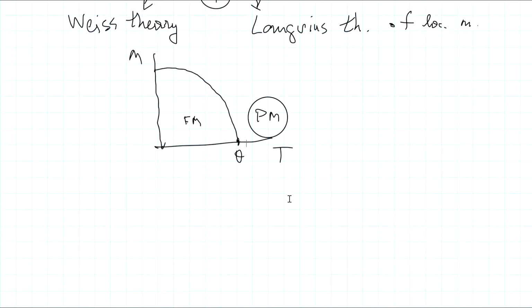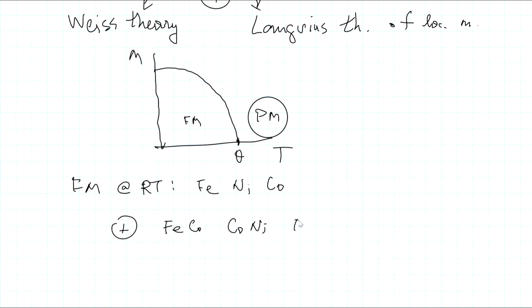Ferromagnets are different materials. For ferromagnets at room temperature, we know that there is iron, nickel, cobalt, but also there are different alloys. So to that we add different alloys: iron-cobalt, iron-nickel.